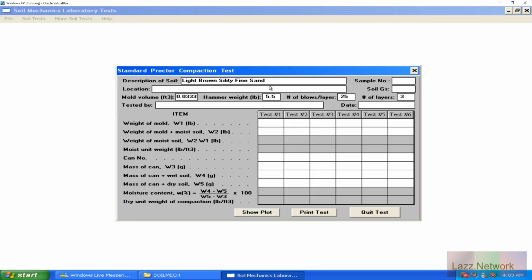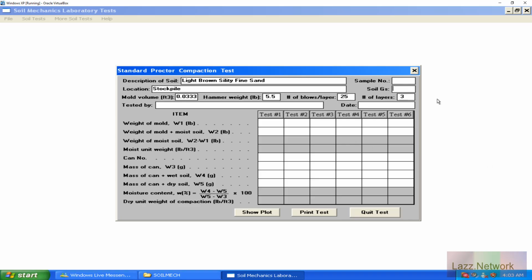Then you could use something like stockpile, because if they have it as a stockpile, they're just going to take it and put it in locations. And remember, the location really helps your field representative performing the density testing more so than the client or the contractor that hired us to do the testing. That's the whole thing about this.